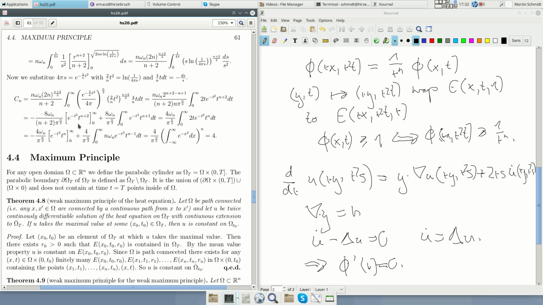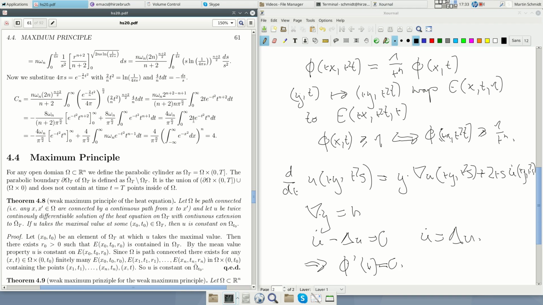And by partial integration, we should subtract the derivative of t to the power of n plus 2, which is of course n plus 2 times t to the power of n plus 1. With a minus we now get a plus, and then the n plus 2 cancels with this n plus 2, so we only have this factor, and then it remains t to the power of n plus 1. So we get this expression here.